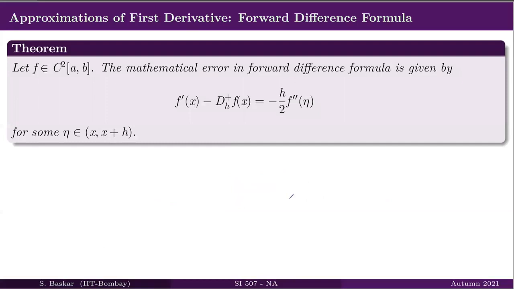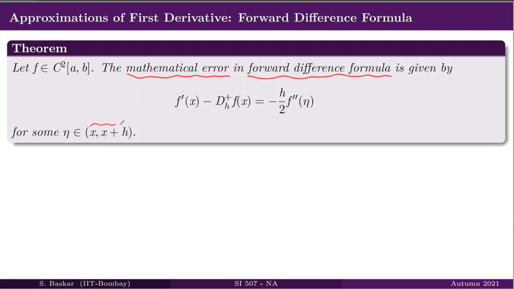Now the question is, what is the error involved in using D h plus instead of f dash, right? In other words, we are interested in deriving a formula for the mathematical error involved in the forward difference formula, and that is given by minus h by 2 f double dash of eta, where eta is some number lying between x and x plus h.